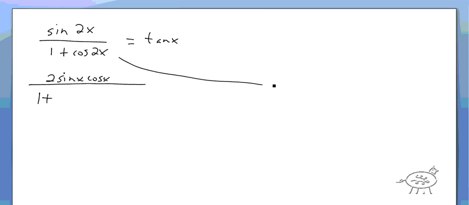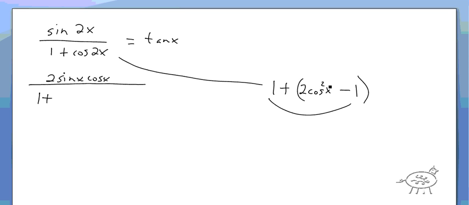So what I want you guys to think about is, if I have 1 plus, I need something with a minus 1, because then the 1's cancel out and I have just one denominator. So the only identity that's going to work out here is 2 cosine squared of x minus 1.